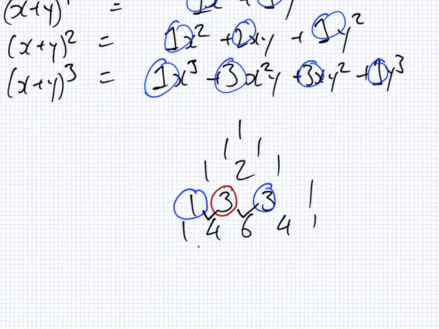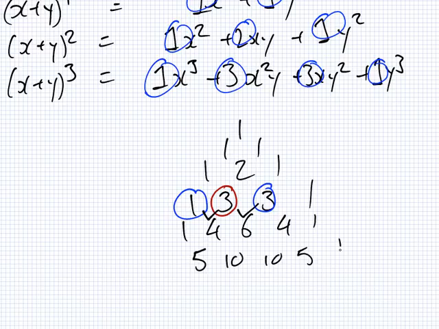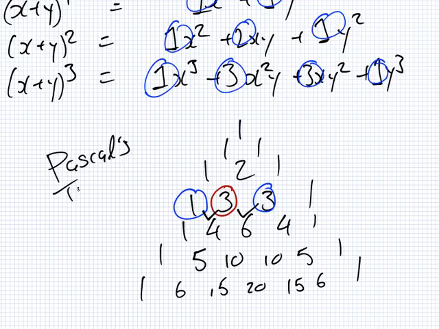So the next one, for example, 1 plus 4 is 5, 10, 10, 5, and 1's at the end. Next one, 1's at the end, 6, 15, 20, 15, 6. This is called Pascal's triangle.